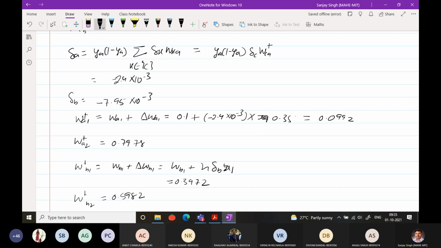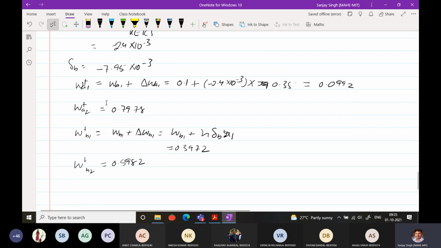Now, these are the updated weights. I'll write things so that it will be very clear to us. I'll write WA1. This value was 0.1, whereas WA1 plus, after error propagation, comes out to be 0.0992.